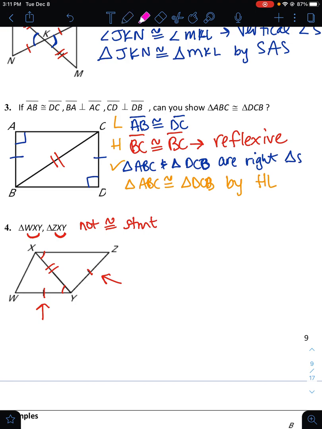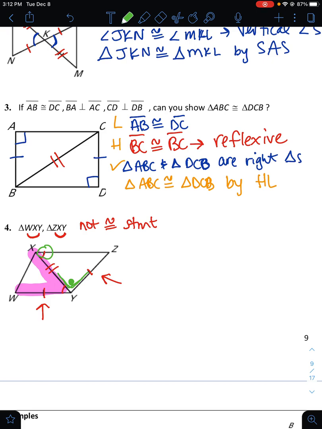The one thing, though, that is a little off is, I'm going to just highlight right here in this triangle. So I do have two sides and the included angle in this triangle. But if you look at the other triangle, let me use another color. If I had the included angle, it should be right here. And because it's not sandwiched in between the two sides, because it's up here, it's not the correct corresponding angle.